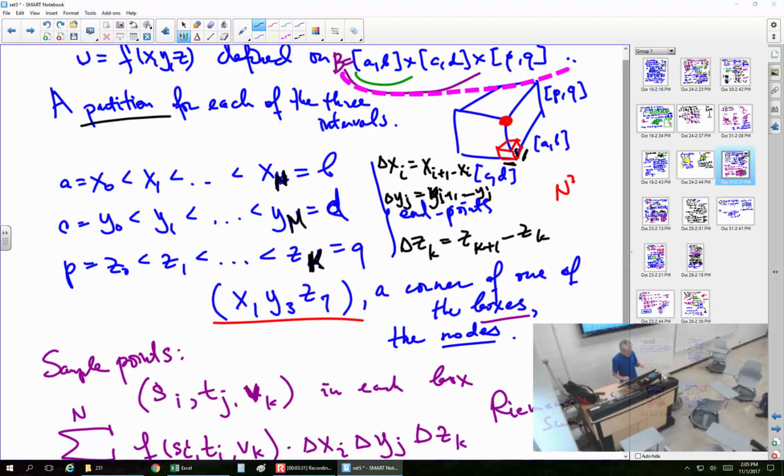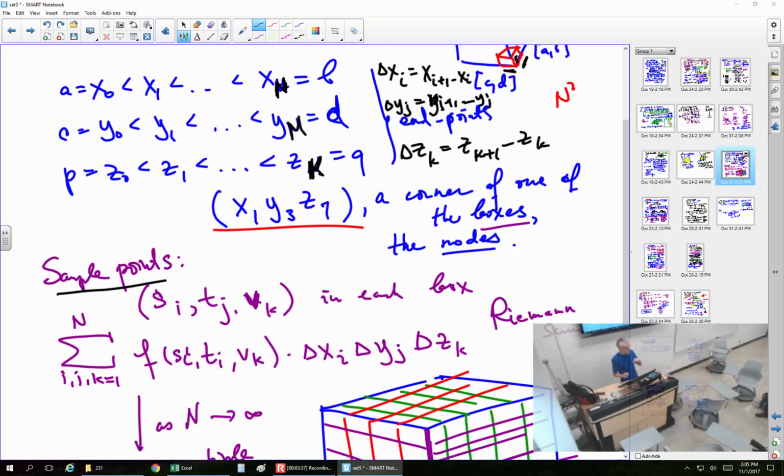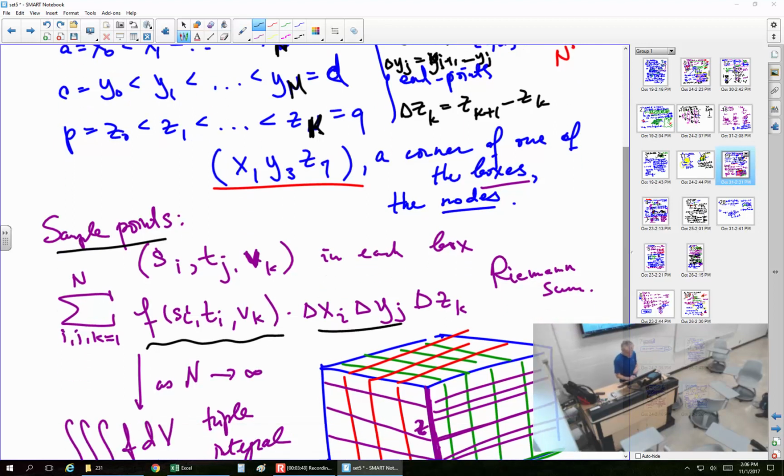And then the last step is you make this partition into a sample partition by adding points within each of these intervals where you sample your value of the function. With this term over here, and then you multiply by what? By the volume of the little box. I don't think I can think of any metaphor for those little things.